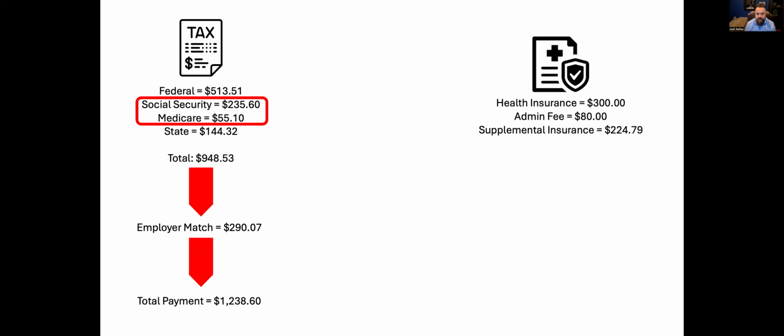State is $179.28. And then you have some health insurance coming out for $300. Well, you add up all of that, that's that $1,553.32. You can do the math there. Those deductions plus the net pay is $5,000. Or you can say the $5,000 minus the deductions is the net pay of $3,446.68.